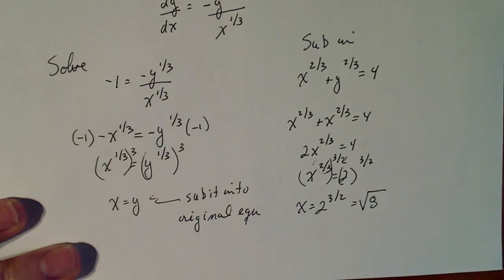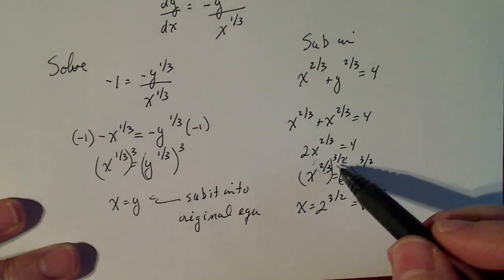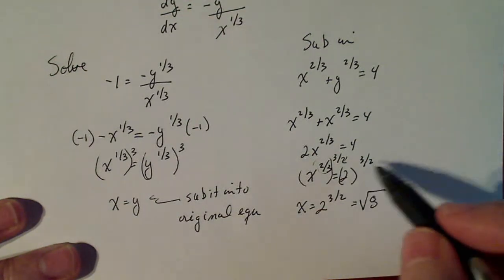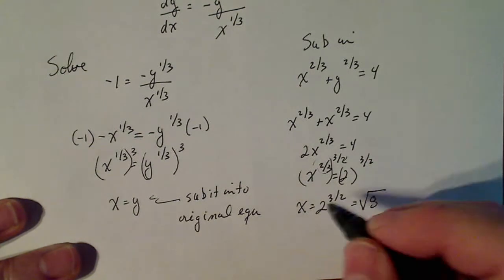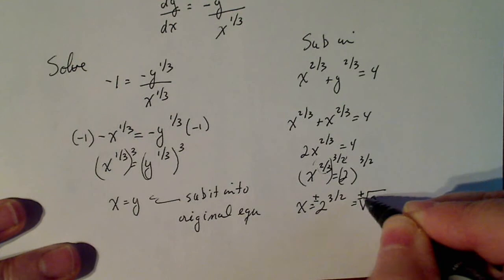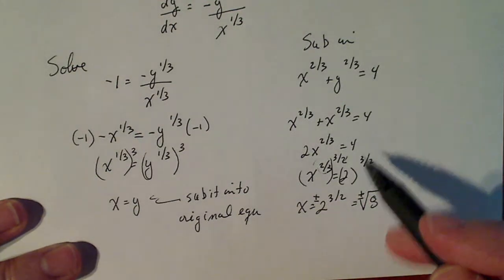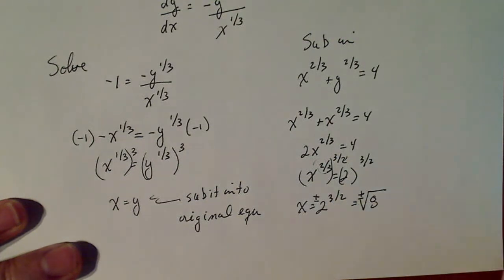Okay, so there x is equal to 2 to the 3/2. But actually here, raising both sides to the power of 3/2 is like taking the square root of both sides. So I really should remember that there has to be a plus or minus here. Always remember that. If you add a radical, which is what I did here, you're going to have that plus or minus there.